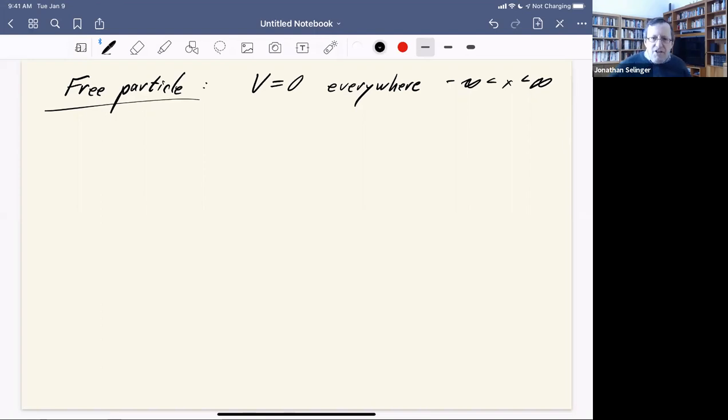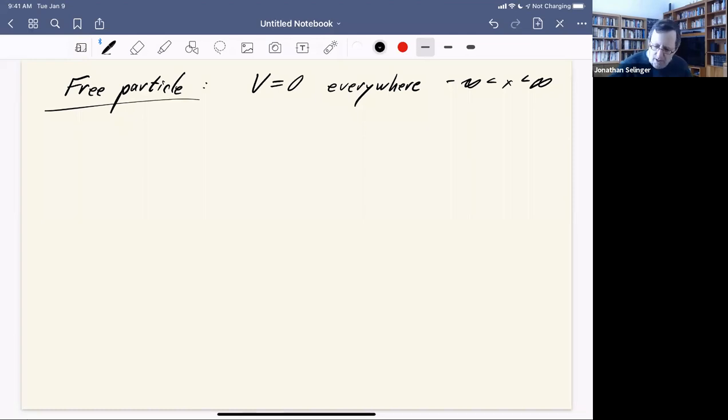So let's first go through the calculations, which we can do kind of quickly, and then get to the conceptual part that's a little more complicated.